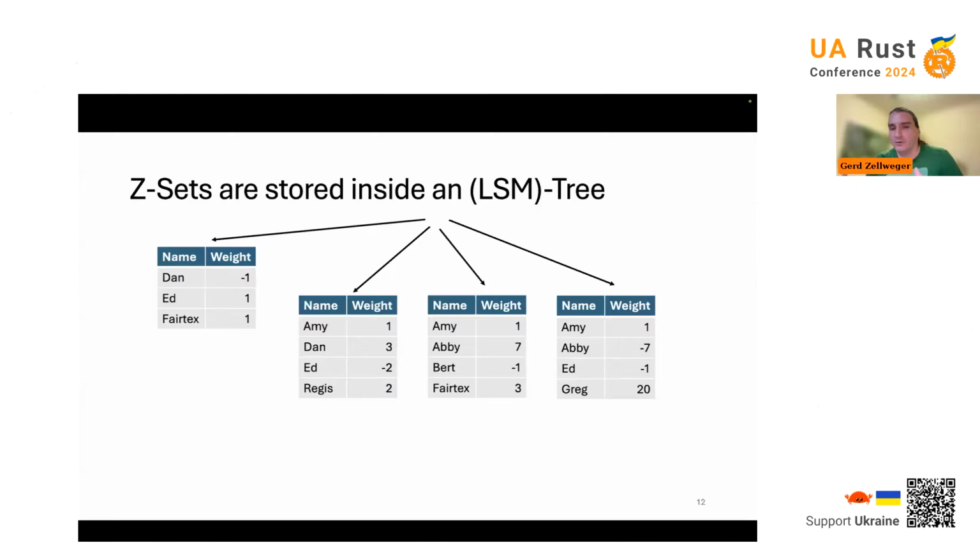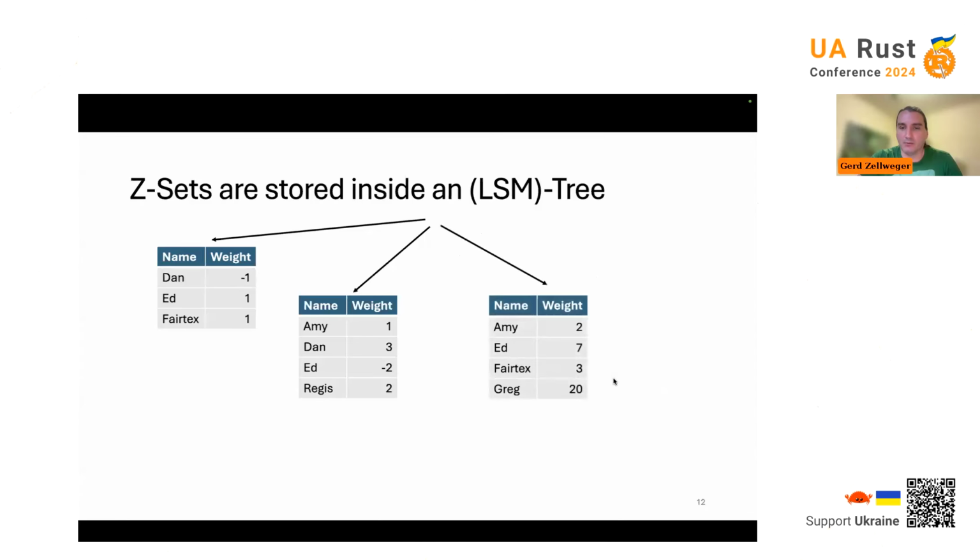But you can use the merging operation I explained before to keep that in check and reduce the number of C-sets. Every time you have too many of them, you take two, like this one and this one, and merge them into a new one, so you reduce the amount you have. That's essentially how our indexes are built inside this DBSP program whenever we need to remember state.